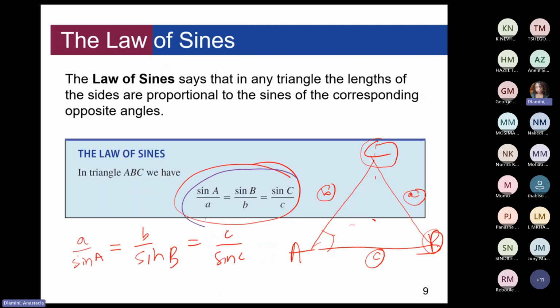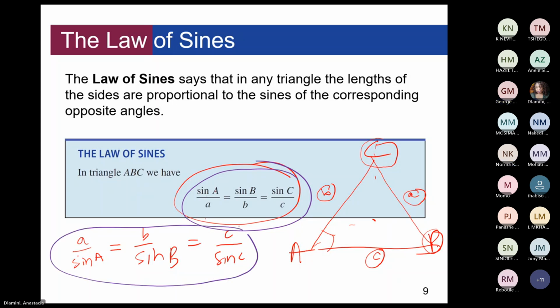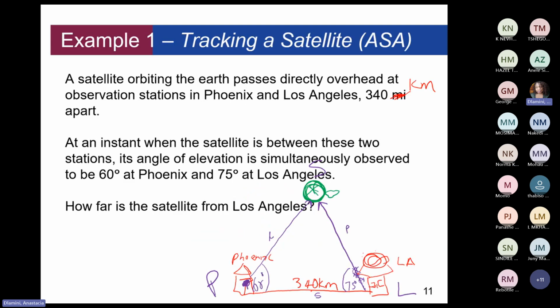If I'm looking for a distance, I'll write it like this. You can write it like this if you want and then do the calculations. But sometimes it helps to write it like this when you're finding the distance, because then you just multiply the other part.